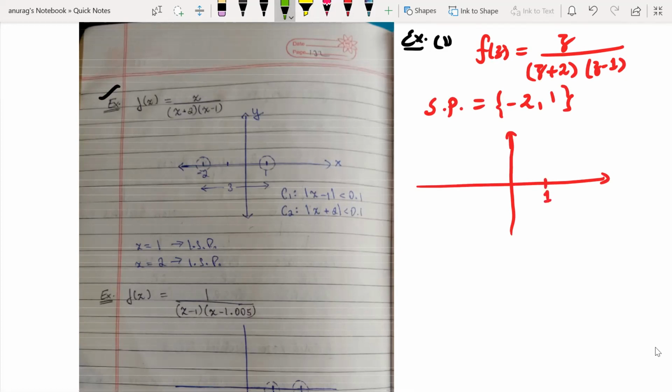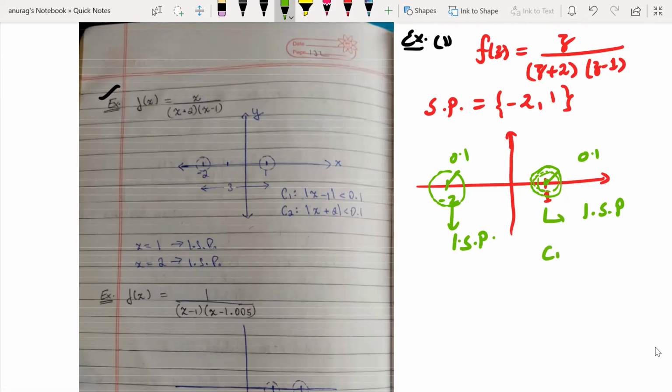If we take a small radius, and another singular point is minus 2, and we draw a small radius circle here. Can you tell me, is minus 2 coming in the neighborhood of this circle? No. So 1 is an isolated singular point because it is too far. If we take radius 0.1, minus 2 is too far. So this is again an isolated singular point.